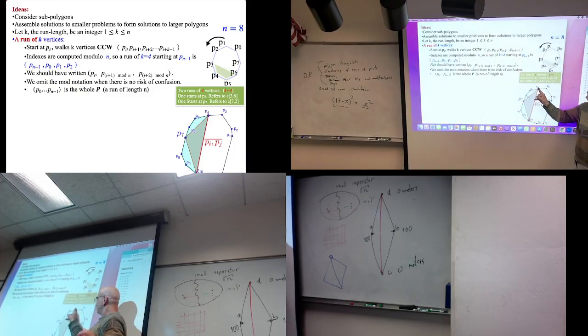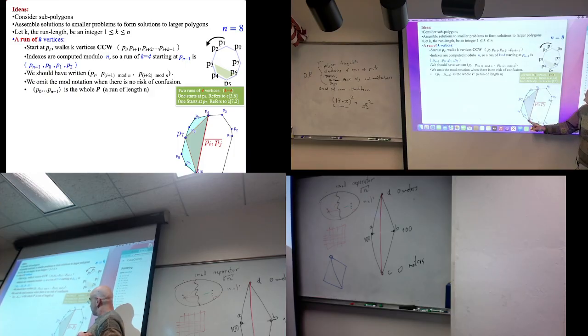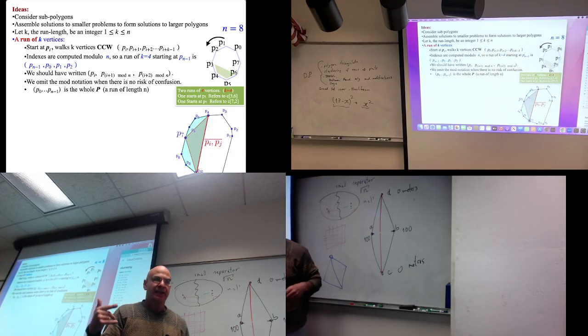Well, I'll assume some oracle; if that's a subproblem that I insist on, it means some oracle told me P10 and P4 is a chord of the optimum triangulation. Now, is the oracle necessarily right that this is a chord of the optimum triangulation? Absolutely not. I don't know if that's correct. But when I solve this subproblem, I assume that it is correct and it is called part of the chord. And that's the highlight.